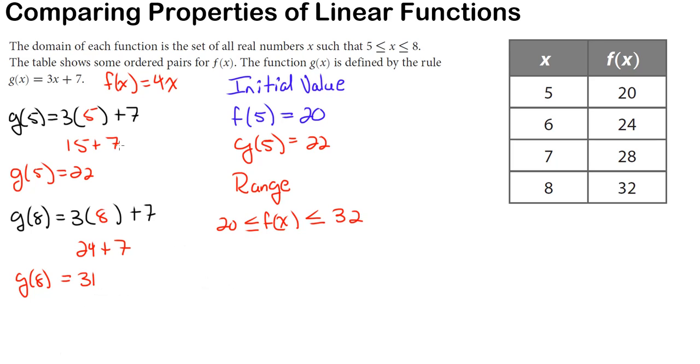So now we can give the range for g of x. And we could say g of x is greater than or equal to 22 and less than or equal to 31. So the range of f of x is all real numbers between 20 and 32, and the range of g of x is all real numbers between 22 and 31.